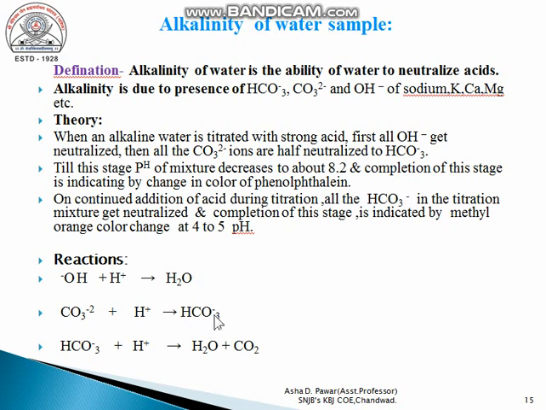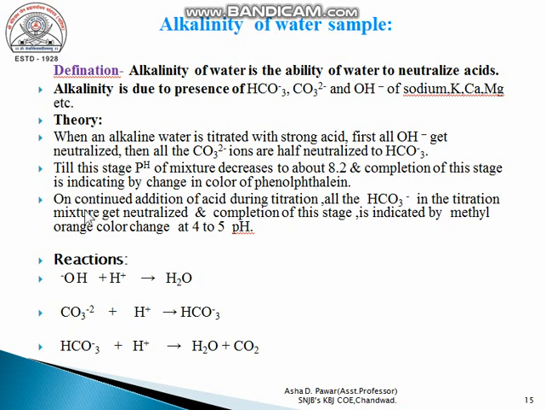That is, carbonate reacts with acid, forming bicarbonate. Till this stage the pH of the mixture decreases to about 8.2, meaning all the hydroxide is neutralized and half neutralization of carbonate takes place. Completion of this stage is indicated by the color change of the phenolphthalein indicator, that is pink color changes to colorless.